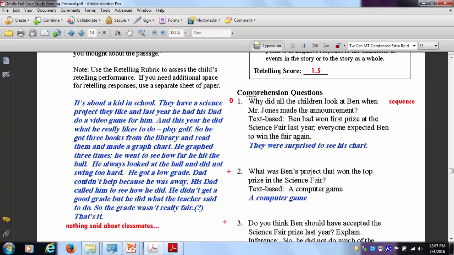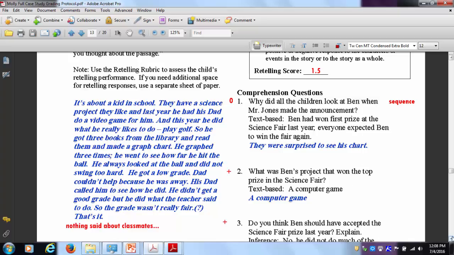All right, so comprehension questions, let's look at them. Here again, the question clues the sequence at the beginning when they looked at Ben when the announcement is made. By the way, he doesn't even done anything yet. So Molly says they were surprised to see his chart. So you see, missing the sequence of the question is a problem there.